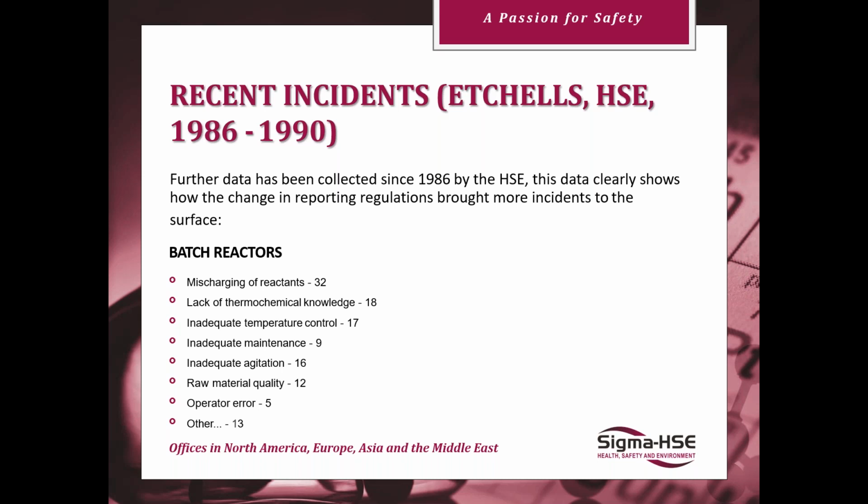But if you can imagine that you've got a valve failure and that all adds in one go, what's the worst case of all of A plus B being added together and the kind of cooling systems you've got in place? Lack of thermochemical knowledge, so that could come under the waste storage example we've just seen. Inadequate temperature control, maintenance, agitation is a big one, and quality.